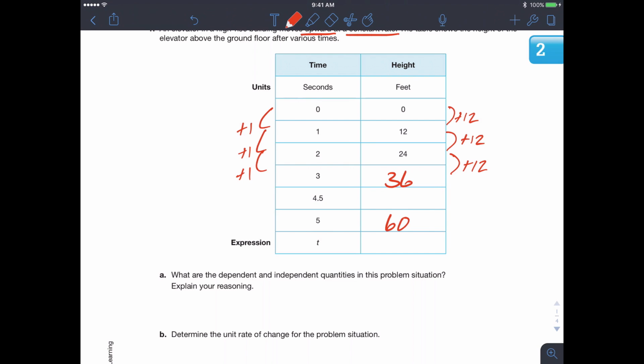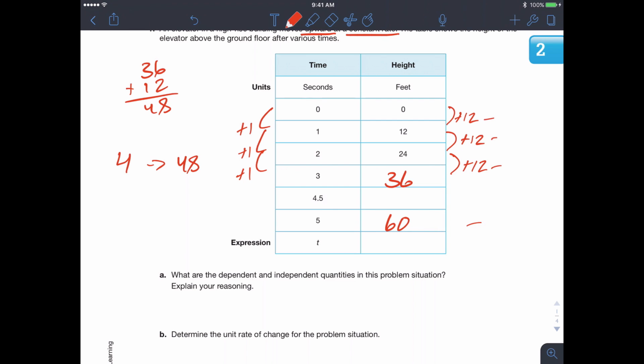So 4.5. If it's jumping 12, 12, 12, 12, at 4 seconds it would have been what? If you add 12 to 36, 48, right? So if there was a 4 seconds, it'd be 48.